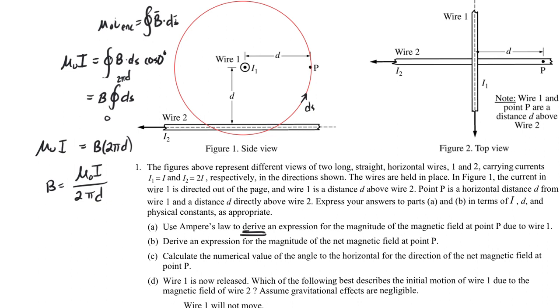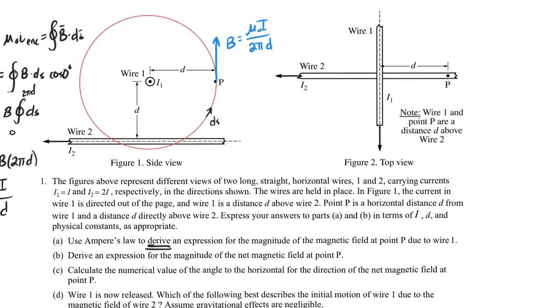All right. B, derive an expression for the magnitude of the net magnetic field at point P. Well, we currently have a magnetic field that is this way at point P that is equal to mu naught I over 2 pi d. But wire 2 also is producing a magnetic field.